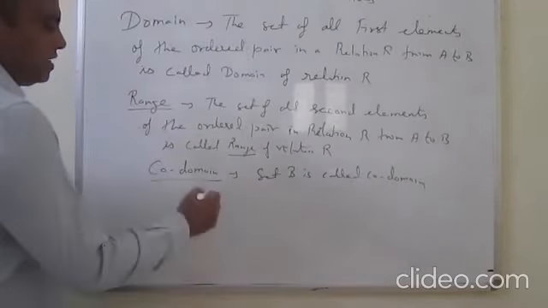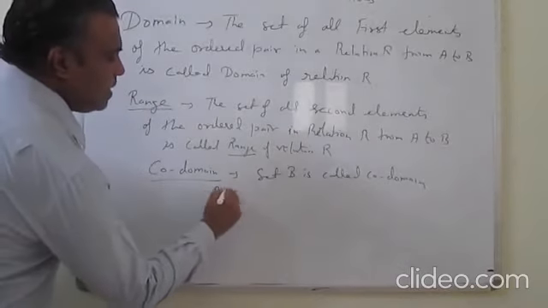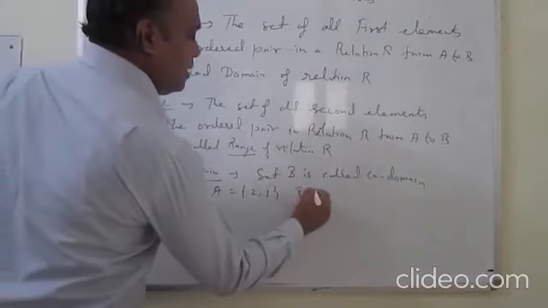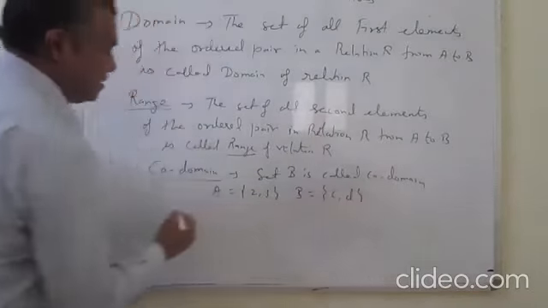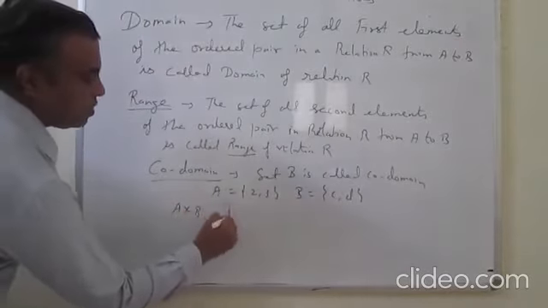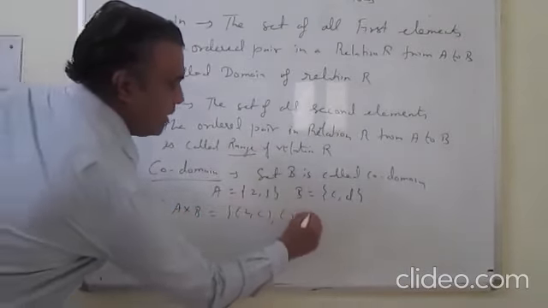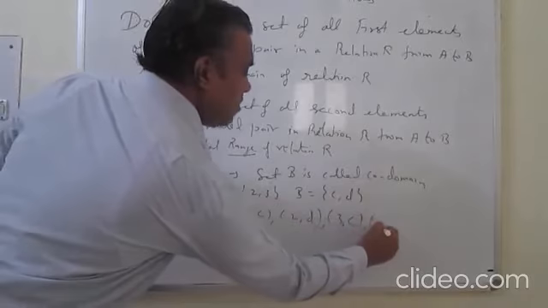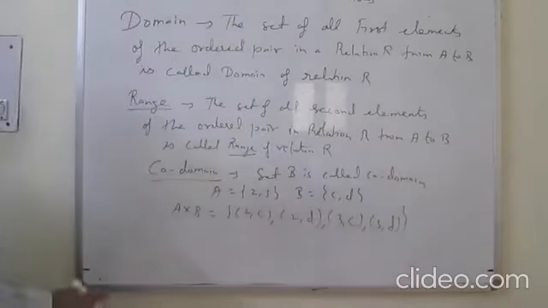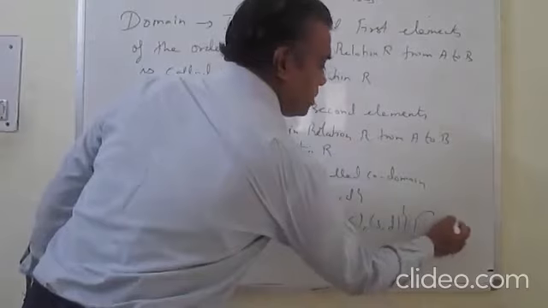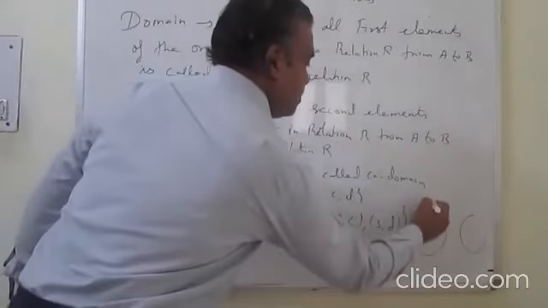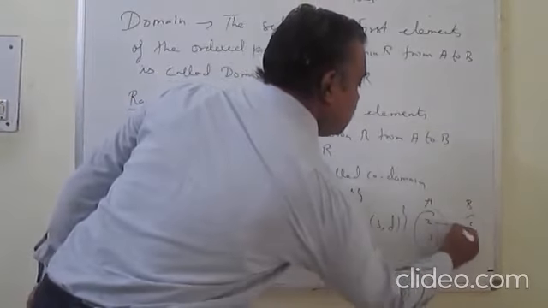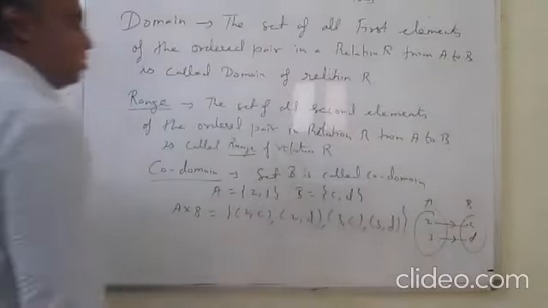Okay, so there is a set A = {2, 3} and B = {C, D}. The relation A cross B is (2, C), (2, D), (3, C), (3, D). This you can show by an arrow diagram. This is A, this is B, with the relation from the elements 2 and 3 to C and D. So what is the domain?